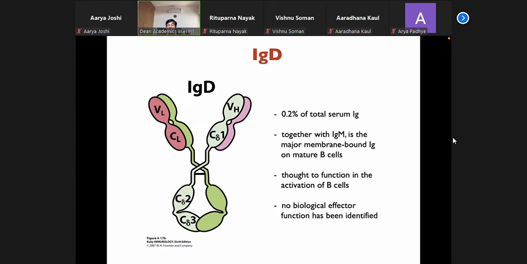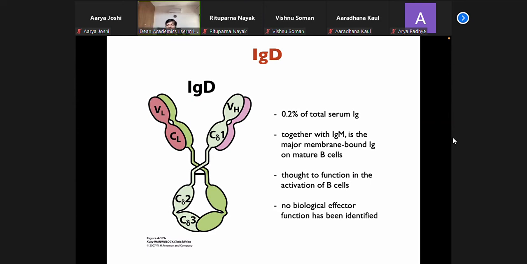Now, the specificity of IgD and IgM, if they are present on one particular cell, will remain the same. And if you have one B cell which you have activated by providing the antigen, it is going to get activated, start proliferating, and start making antibodies.